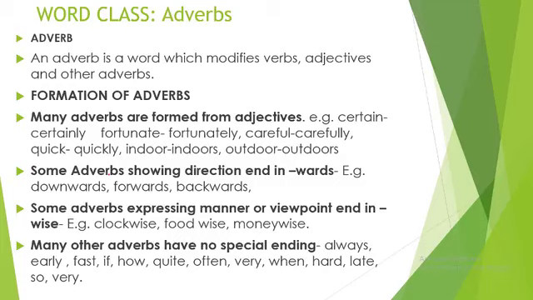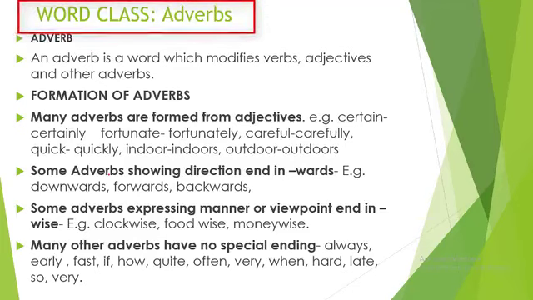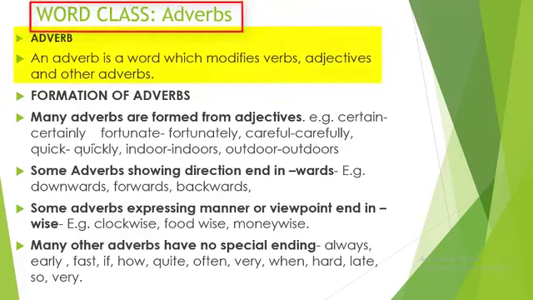So let's move into word class. So we continue from where we start. Remember, it's a revision on the various word class. Alright, so we have what you call adverbs. An adverb is a word that modifies a verb, adjective, and other adverbs. So we have examples of how adverbs are formed. They are formed from adjectives by adding ly.